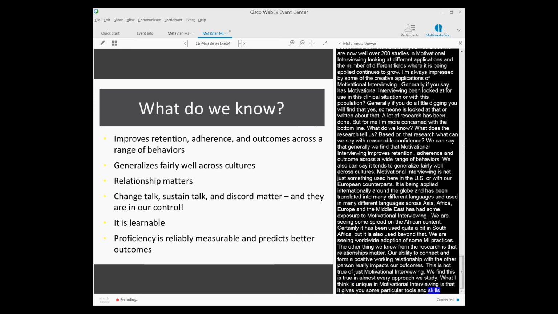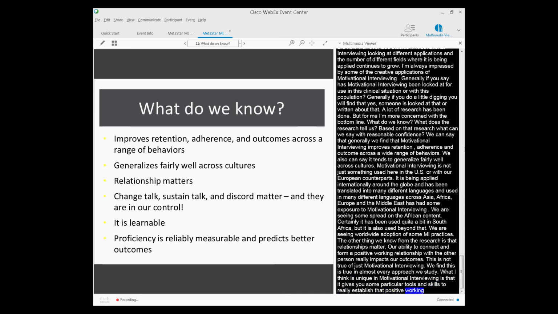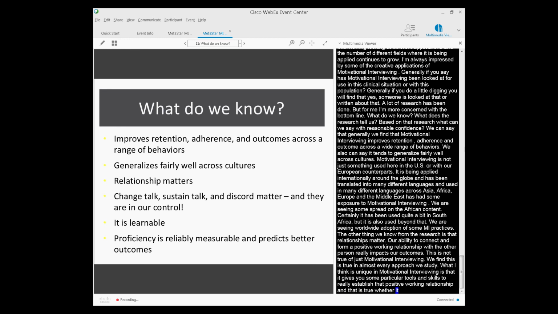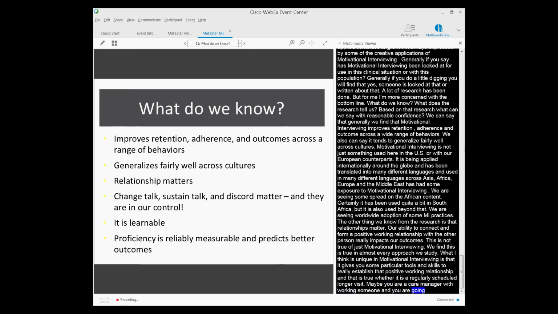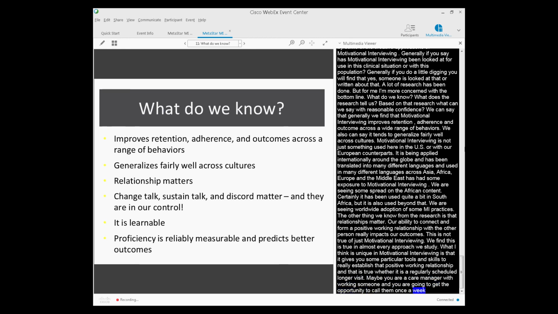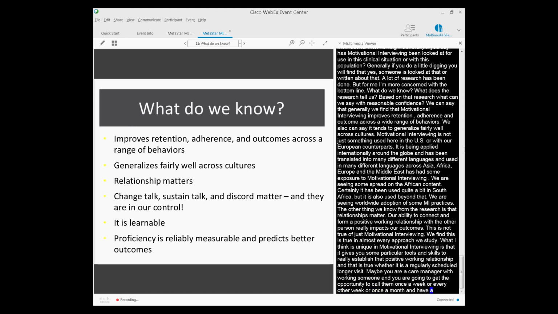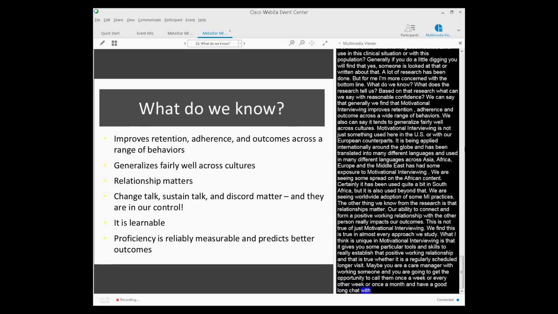And that's true whether it's a regularly scheduled, longer visit. Maybe you are a care manager and you're working with someone and you're going to get the opportunity to call them once a week or every other week or once a month and have a good long chat with them over a sustained period of time. Or it may be that you have a brief visit with the person and that's it.